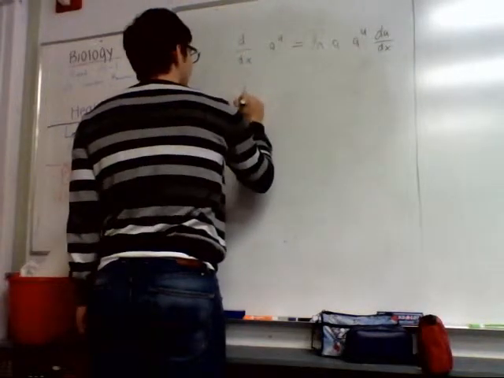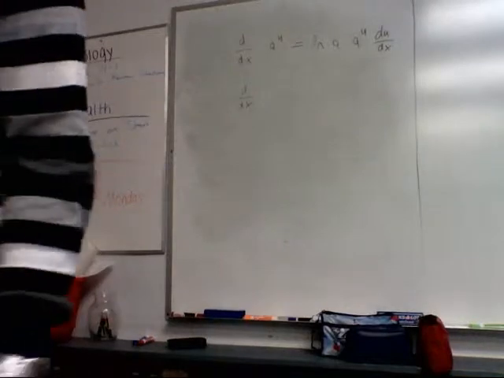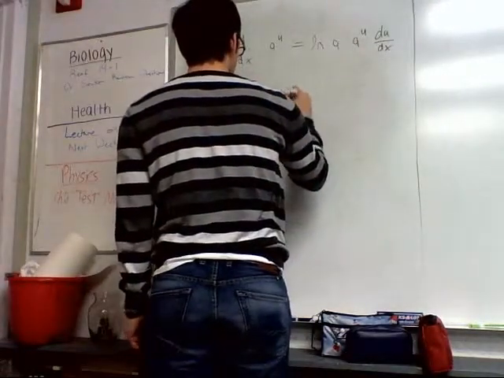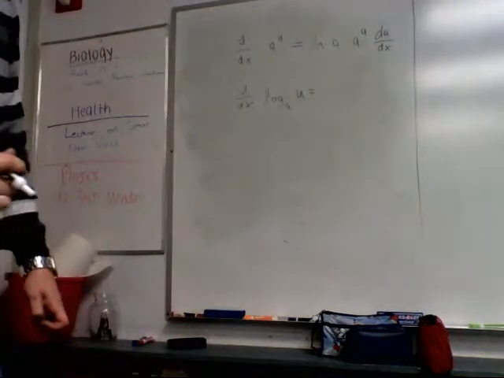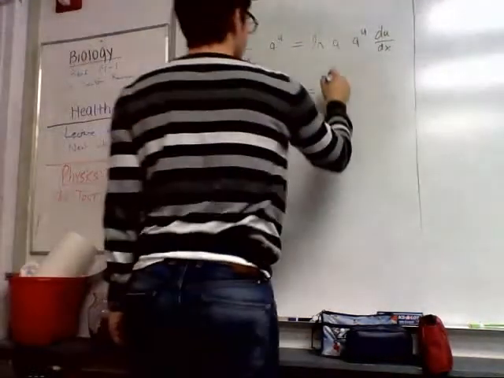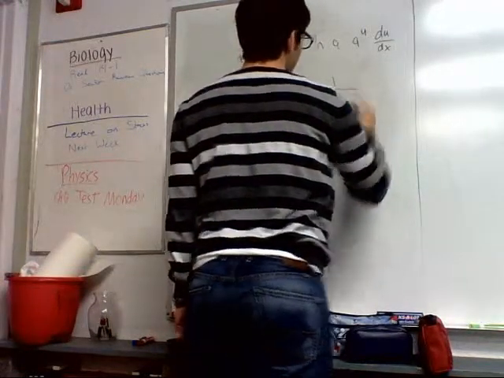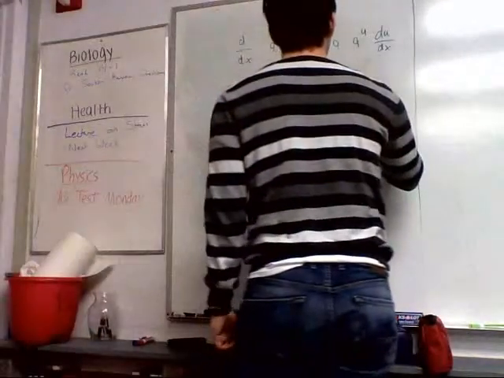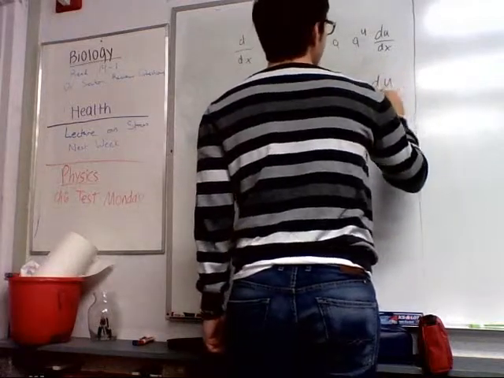d by dx of log base a of u is equal to 1 over ln a times u, times du by dx.